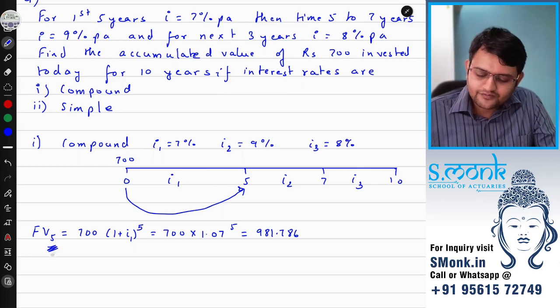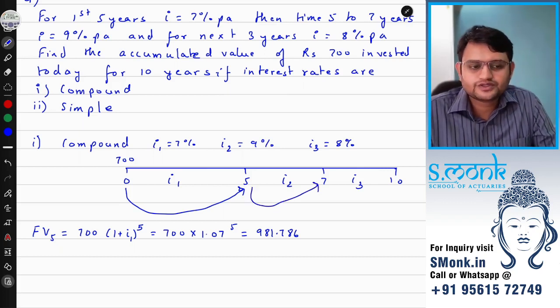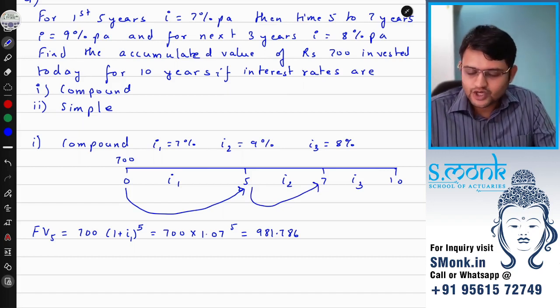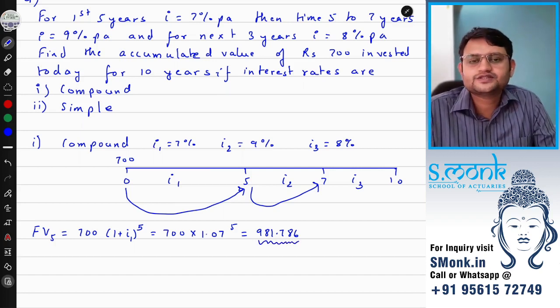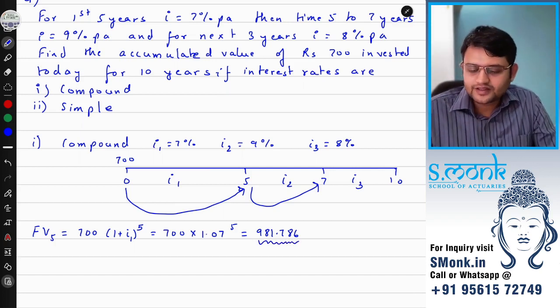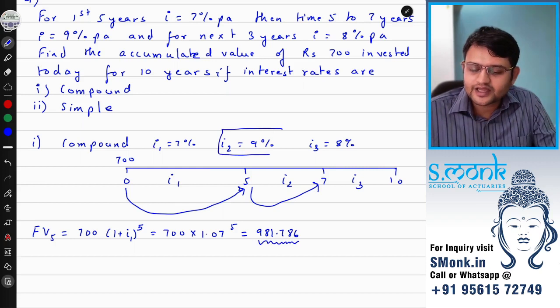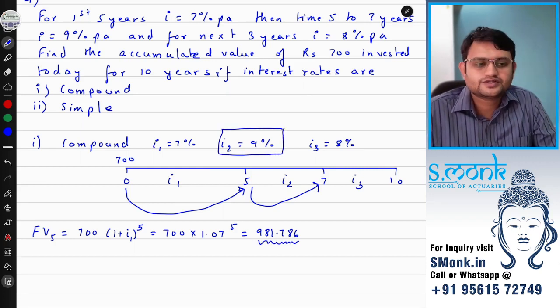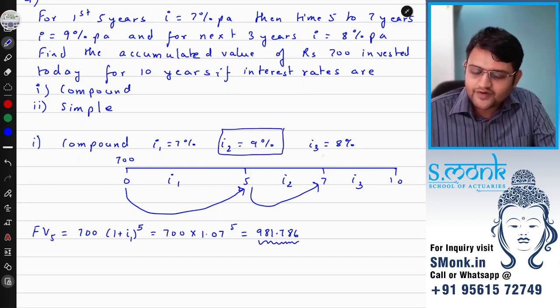Now after time 5, for the next 2 years, I will have the I2 rate of interest. So if I assume that I had 981.786 at time 5, then I started getting 9% rate of interest. How much will I have at time 7?